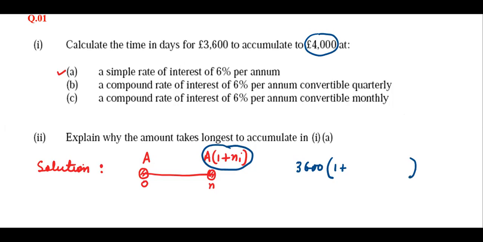Let me write here. You need to solve this equation. N is what you need to find. Interest rate is given 6%. So you have to take 3600 to the right hand side. You divide 3600 and then solve the equation.